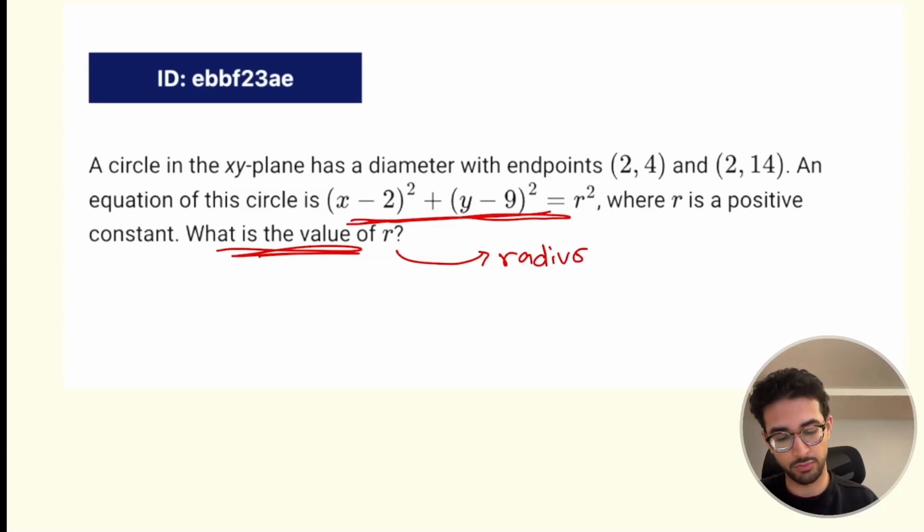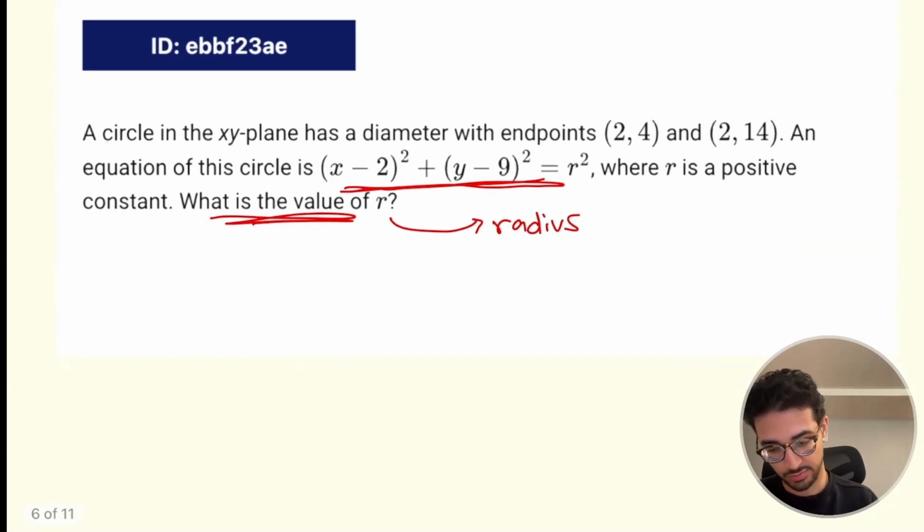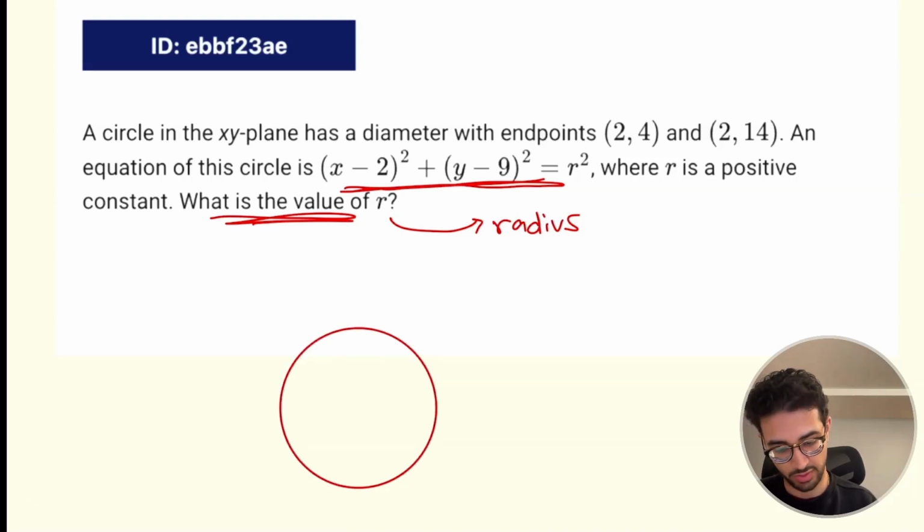And like always, before we hop into the math, let's do some drawing. So let's draw this out here. This is saying that this circle has endpoints 2, 4 and 2, 14, which means that they're stacked above each other, on the same x coordinate. So it looks something like this: 2, 4, and then 2, 14.